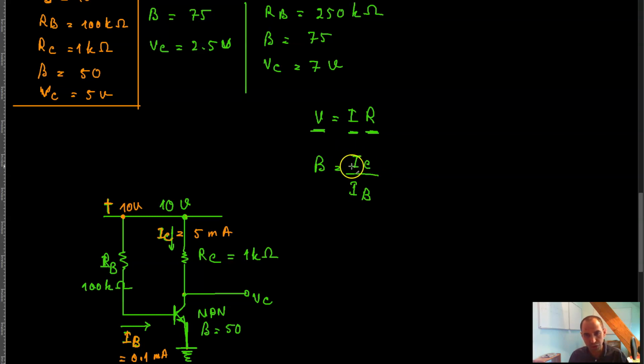Meaning that when you increase I of B, I of C will be increased, and you don't have any control over that. When you decrease I of B, I of C will be decreased, and you have no control over that. So by controlling I of B, you're controlling I of C in your transistor.